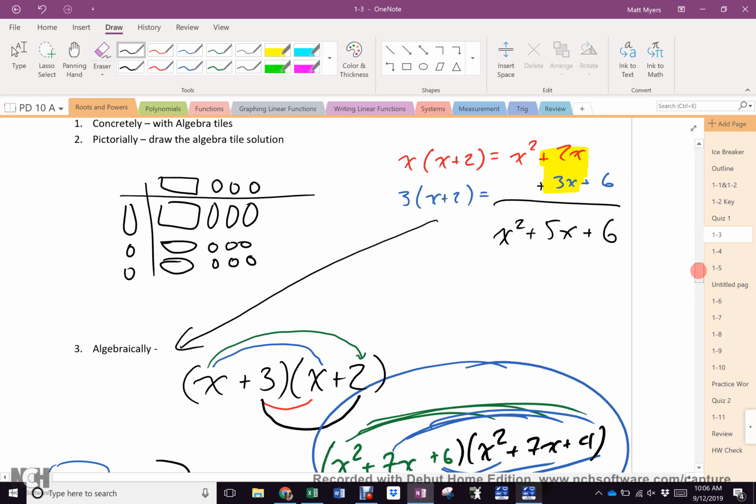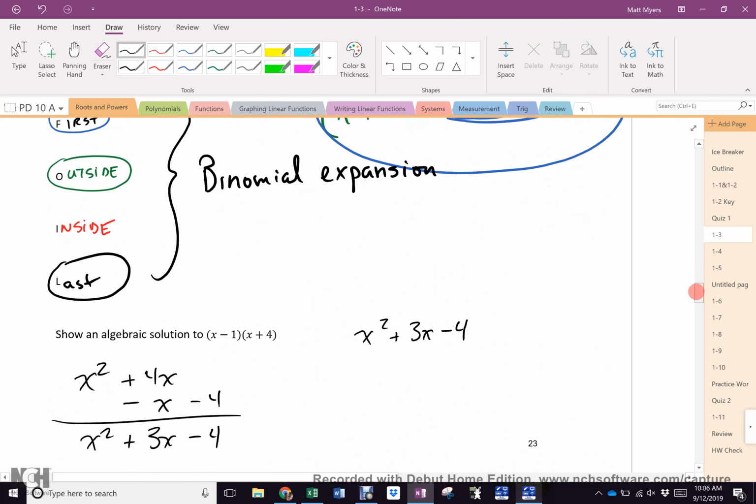In the last one we did, it was x plus 3, x plus 2, and the answer was x squared plus 5x plus 6, right?